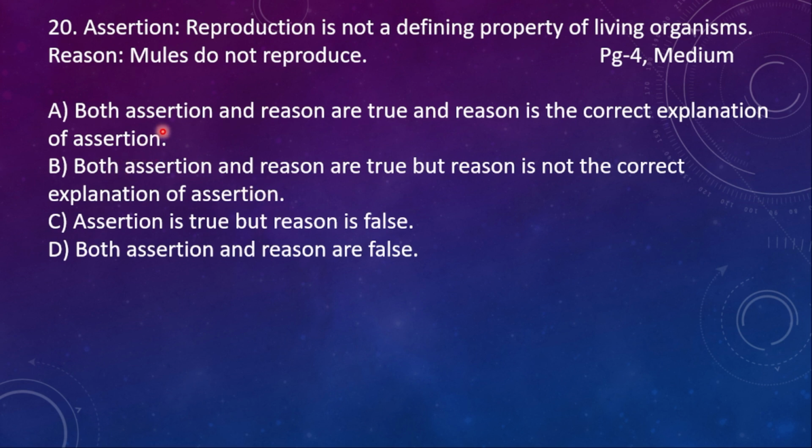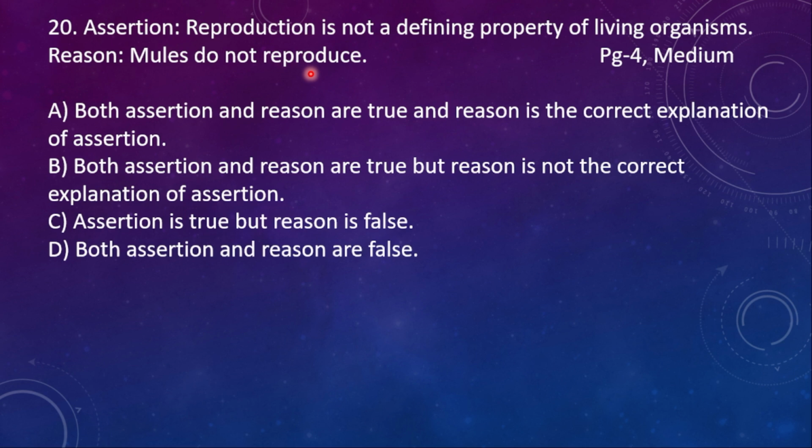Now one more assertion and reasoning type of question, that is the 20th question. Reproduction is not a defining character or property of a living organism because mules do not reproduce. Yes, of course, mules do not reproduce, but they are not considered as non-living things, isn't it? Due to such a dilemma, what happens?